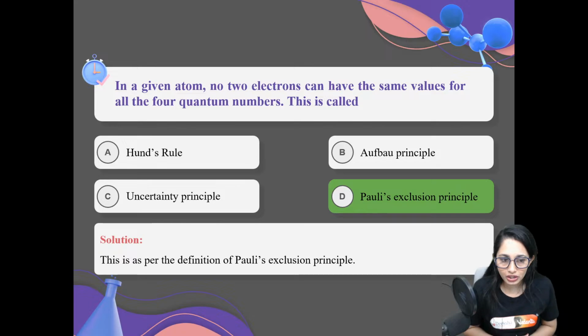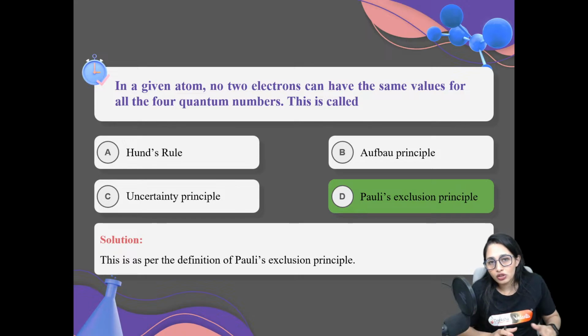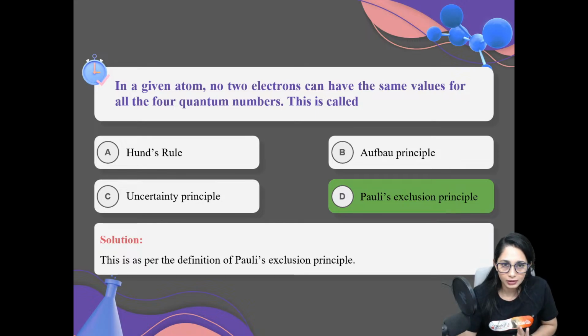So Pauli's exclusion principle states that in a given atom, no two electrons can have the same values for all the 4 quantum numbers. Even if the first 3 quantum numbers are equal, the spin quantum number will be different. It is going to be plus half for one of the electrons and minus half for another.